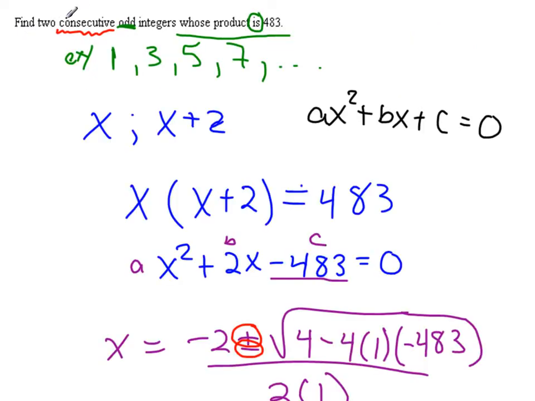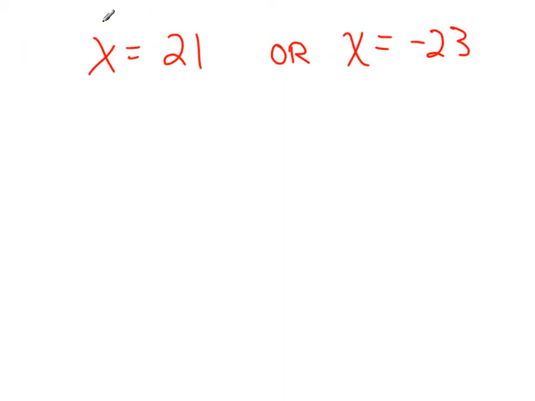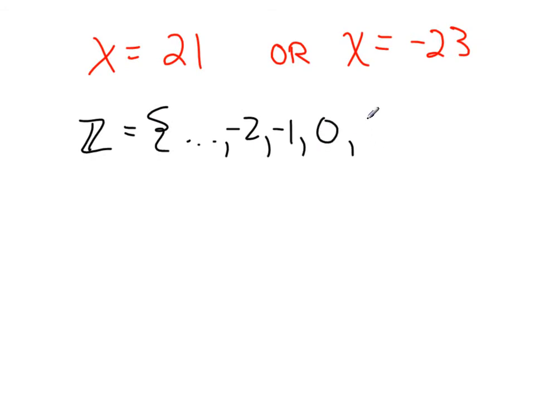It says find two consecutive odd integers. If you don't remember what the integers are, it is the set of the smallest negative you can think of, working its way up into 0, and then going into the positives, and keeps on going in that fashion. So, both of these are feasible answers.